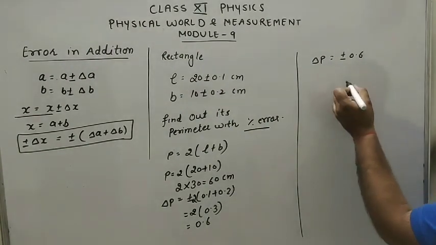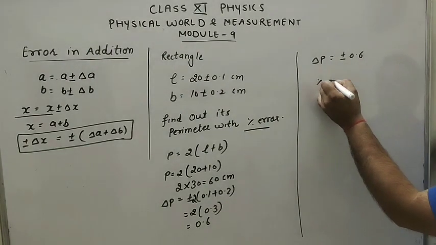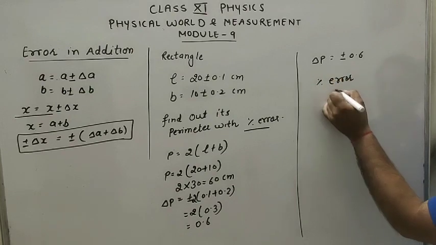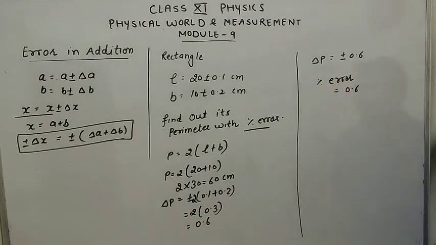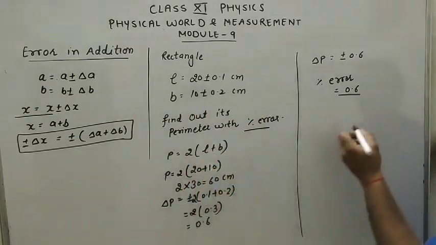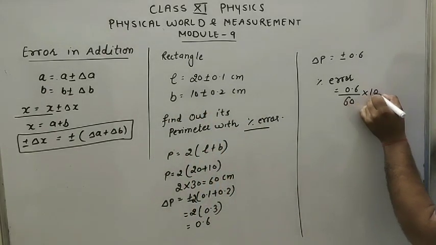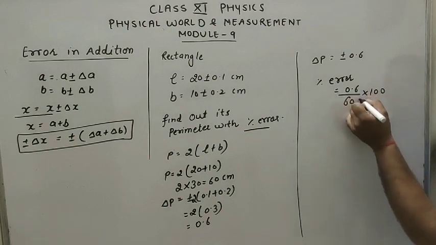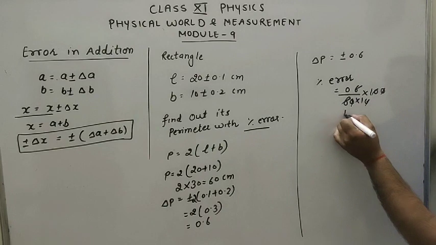So for percentage error, the error 0.6 divided by the main term P, that is 60, multiplied by 100, is equal to 1%.